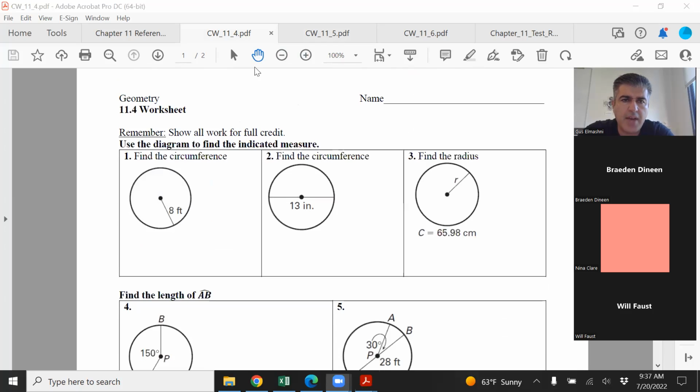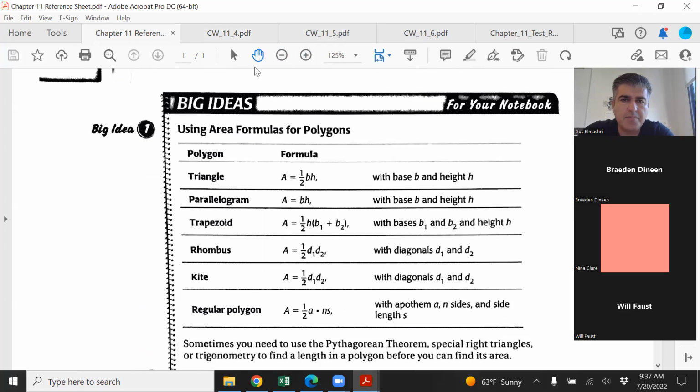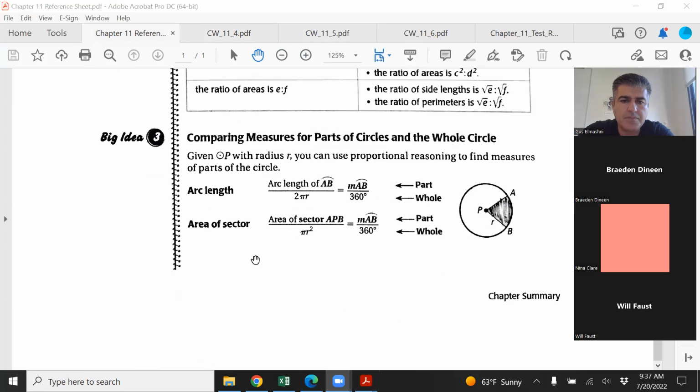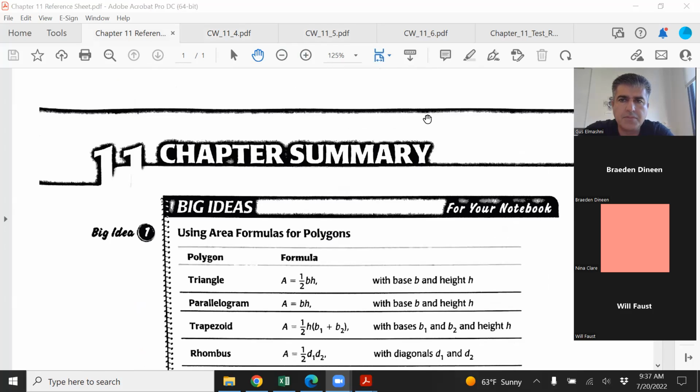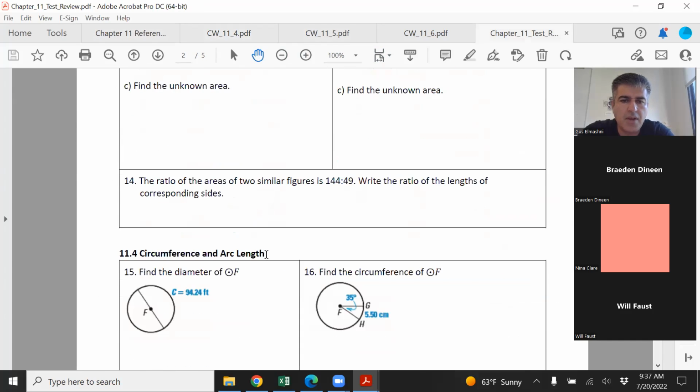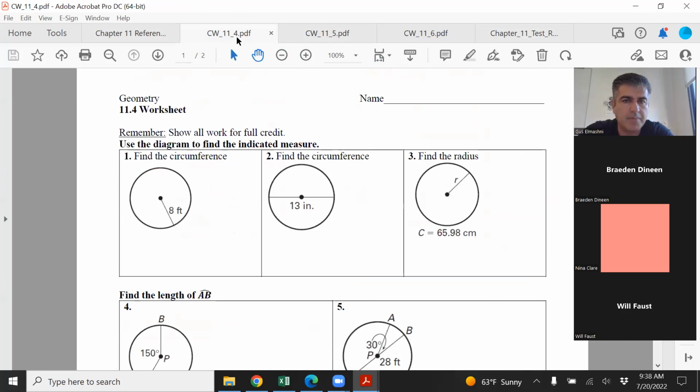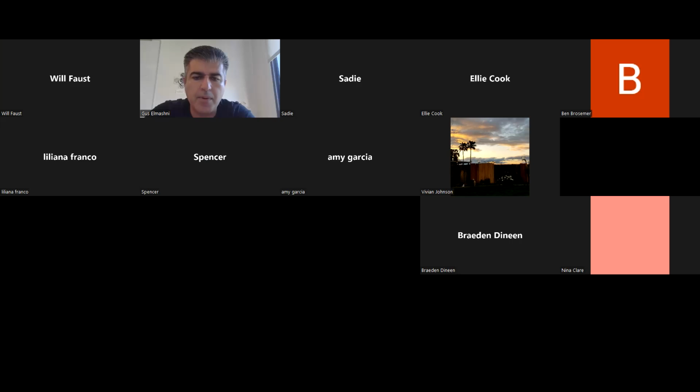I'm not sure if there's a title next to it. Circumference and arc length. Okay, that is the title of it. Great. Well, here's the deal. Let me share a whiteboard instead.